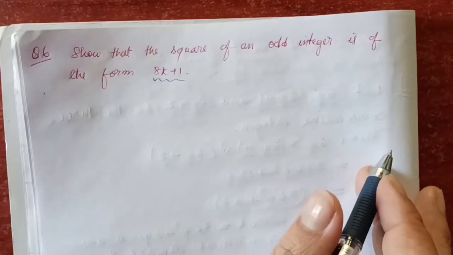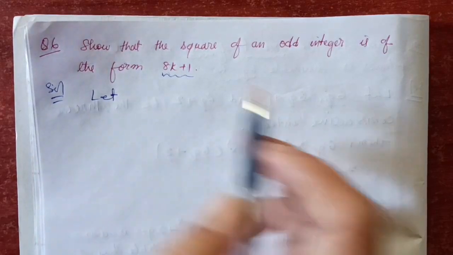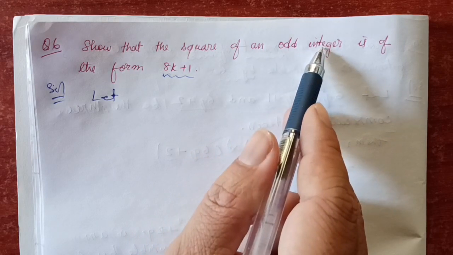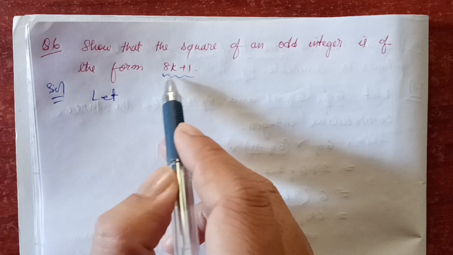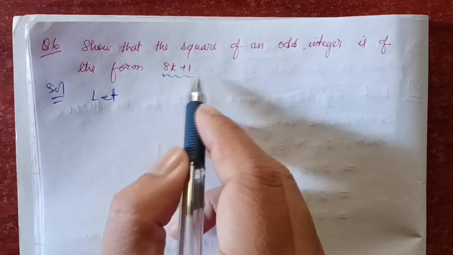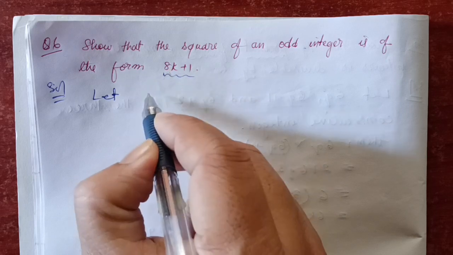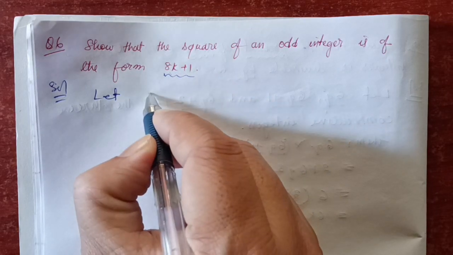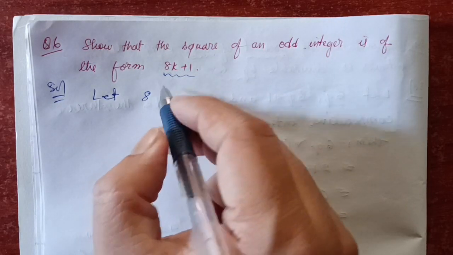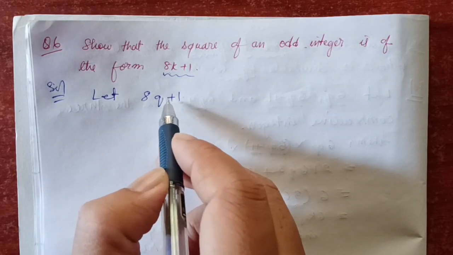Such a type of question, how will you start? Solution. Let us read the question. The square of an odd integer is of the form 8k plus 1. We are going to show that the odd integer is in this form. Okay, so the question already gives 8k plus 1, since they use the value 8, we will be using the value 8. So instead of k, you replace with q.